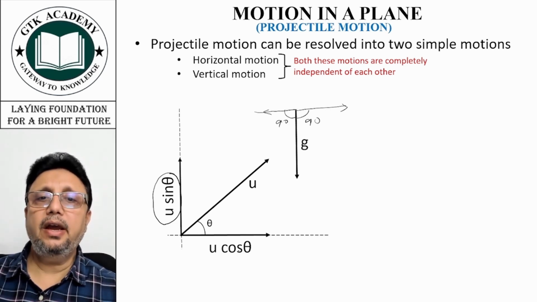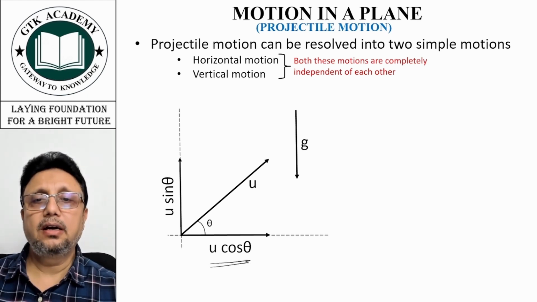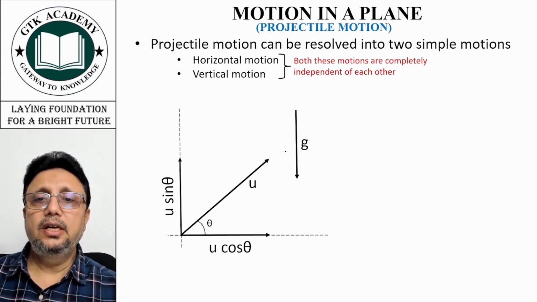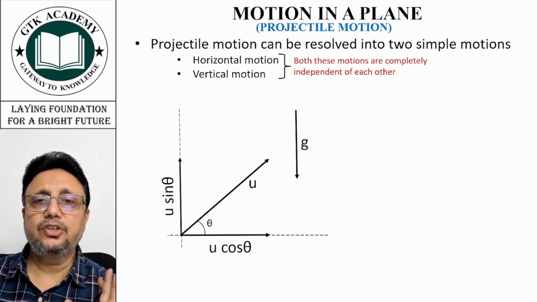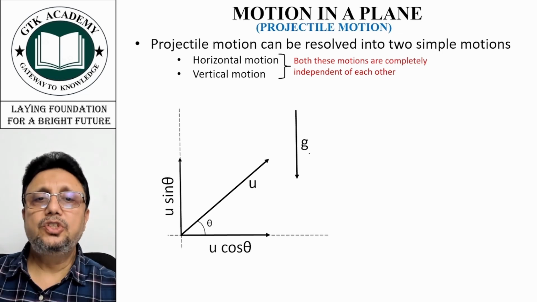So you will not have any component of g in the direction of u cos theta, and g is in the direction of negative y-axis, negative y direction. That means g is only going to affect u sin theta.